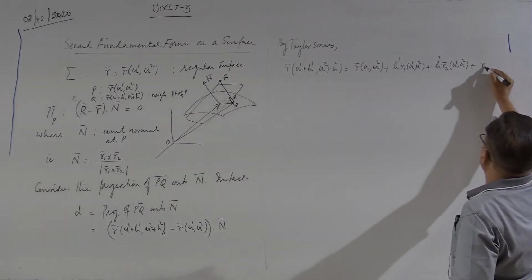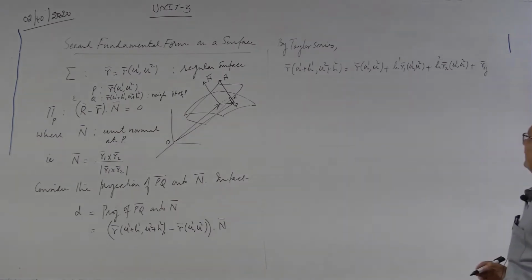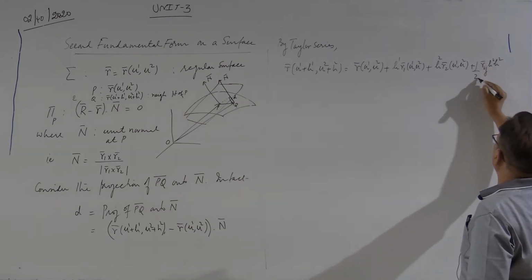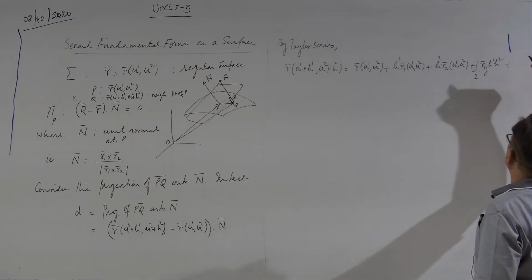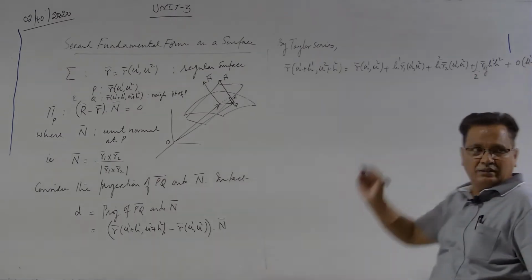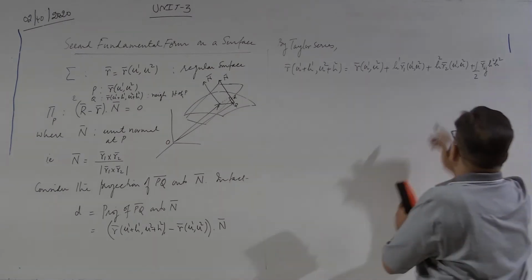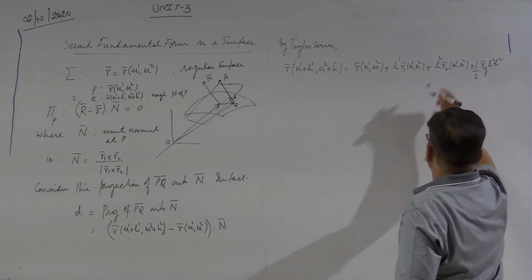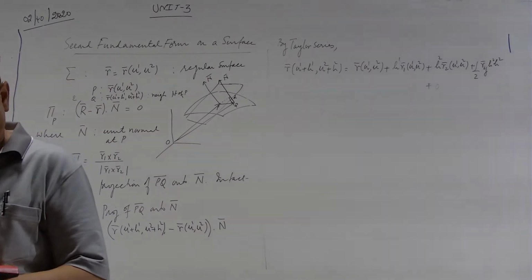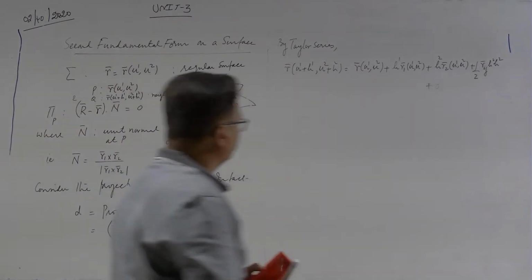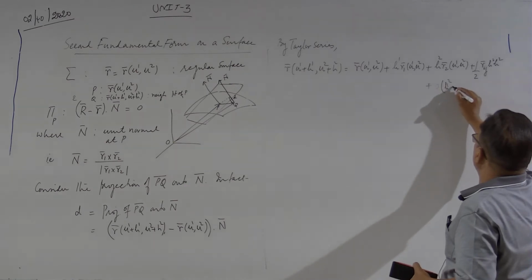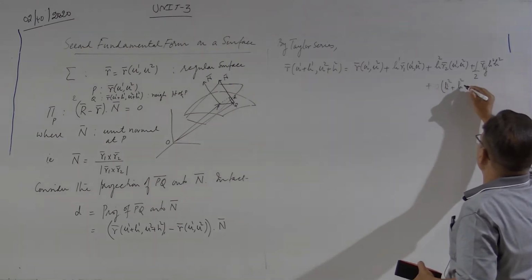Let me write r_ij, I will tell you what r_ij is, into h_i h_j, 1 upon factorial 2, plus more terms, terms of the order of h1 squared plus h2 squared.